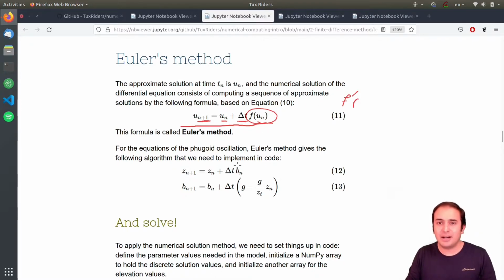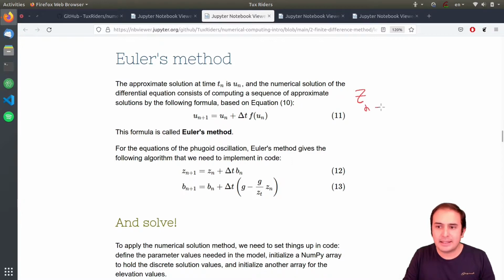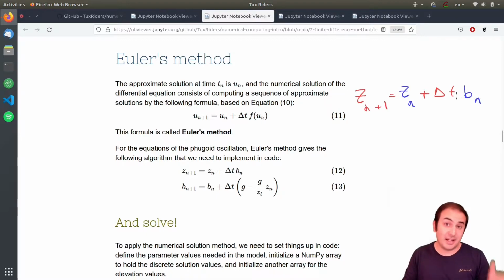So we will see how in this formulation, for example, in this case, it is b, because we know that that was actually the b. So I write this down because this is quite important for us. We need it later. And then I say that z at n plus 1, z in the next time step, equals the value of z in the previous time step plus delta t and the value of b in the previous time step.